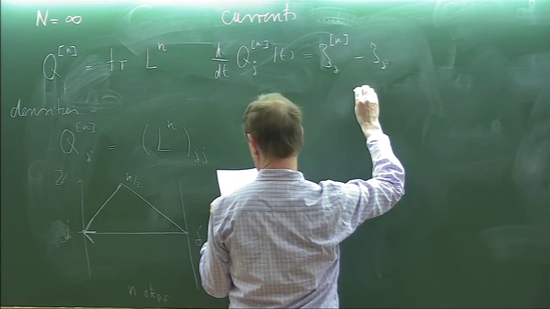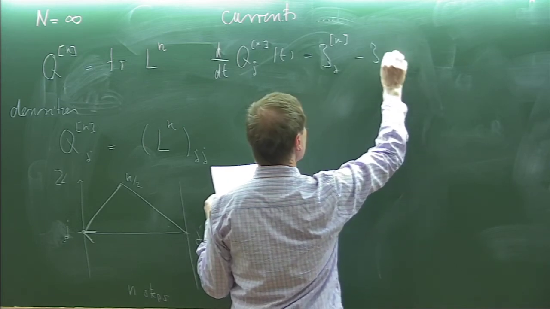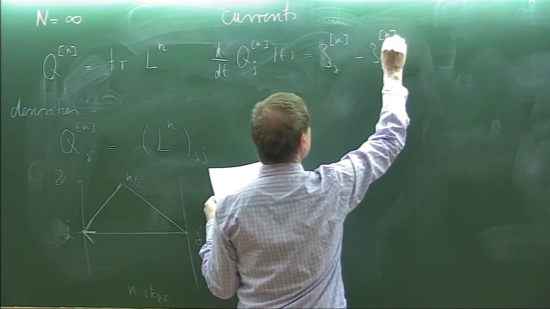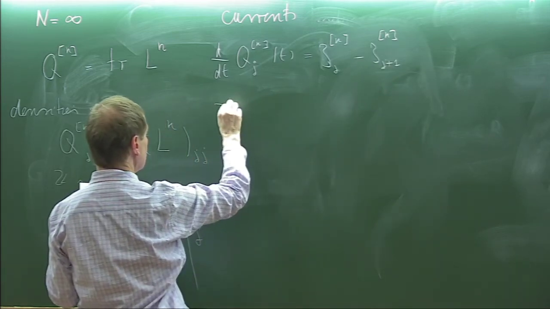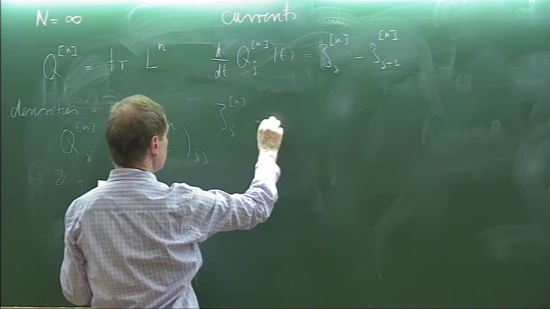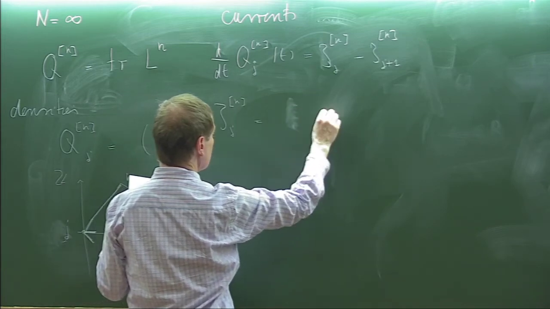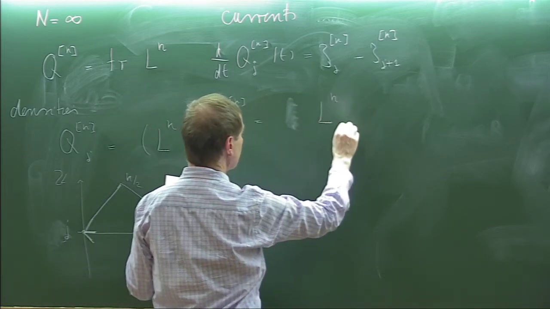Okay, this way. And then from this I can determine the current density of the nth conserved quantity, and it turns out to be L to the power n.